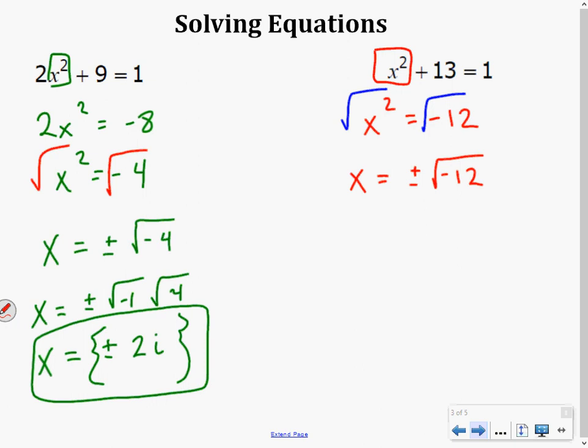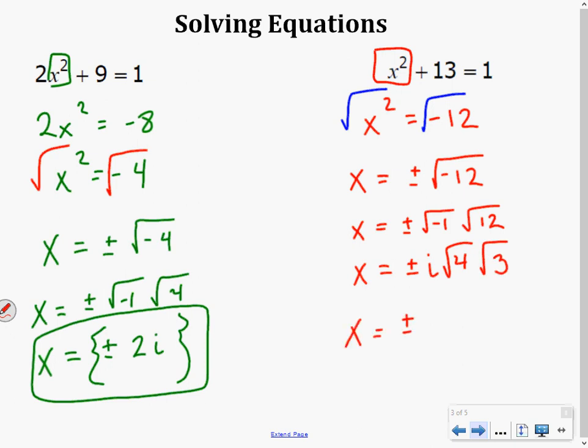So let's start by taking out the negative first. Okay, so we know the square root of -1 is going to turn into i. And then we can break down the square root of 12. So the biggest perfect square that's a factor of 12 is 4. So I'm going to do the square root of 4 times the square root of 3. And our solution is plus or minus 2i square root 3.